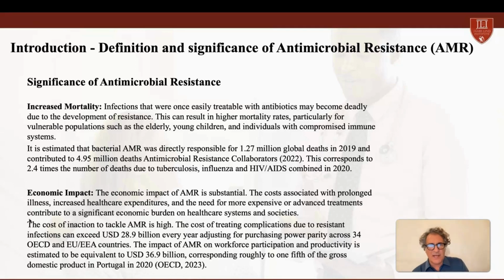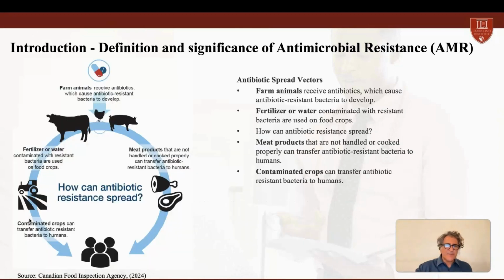We can imagine how important it is to start to mitigate and control, and to create a framework or a collaboration, because this is not just a national problem, it is a worldwide problem, to try to reduce this tremendous impact on health.